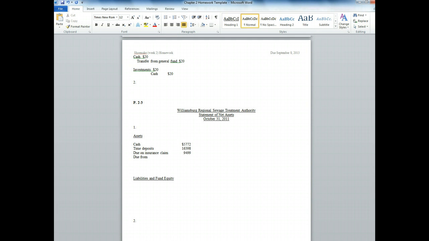But it tells us to eliminate any transfers. Be sure to eliminate interfund payables and receivables. So we're not going to worry about due from general fund. Due from participants is a receivable of how much? 7,889. Which gives us total assets of how much?